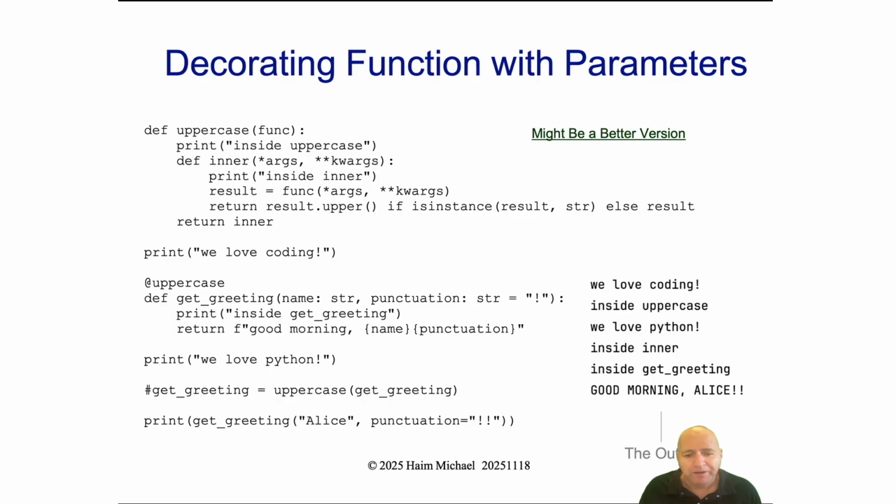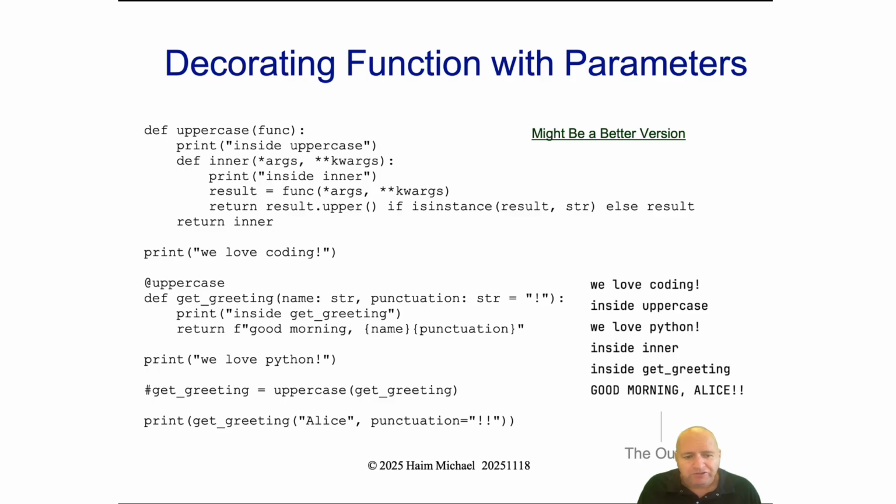So in this code sample, getGreeting takes 2 arguments. It has 2 parameters. So if you look at the inner function, it is defined accordingly. You can use the args, kwargs technique, which is better, as in this code sample.